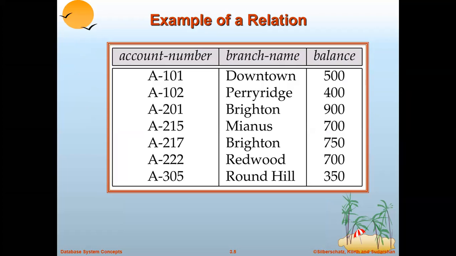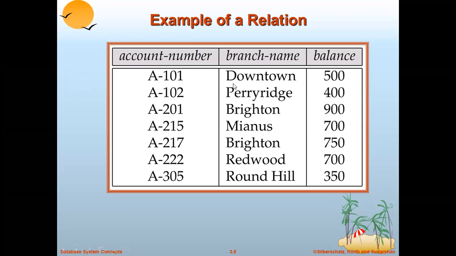So here you can see the relation where account number is a column, branch name, and balance. Account number has a number of domain values. Branch name has a number of domain values, those are permitted values.